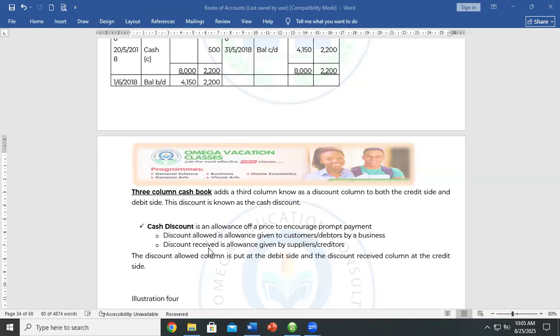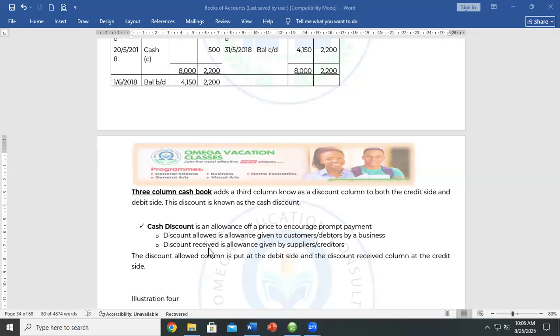If the transactions are one that is giving you only cash transactions, then you'll be directed to prepare a single column cash book. If the transactions are one that you see cash and check, then you are guided to opening the 2-column. If you see the sense of a discount, then you are guided to prepare the 3-column cash book.